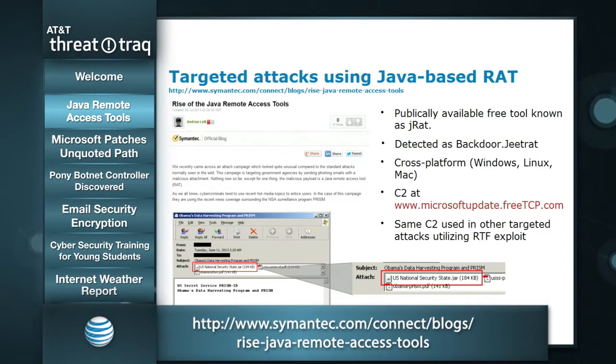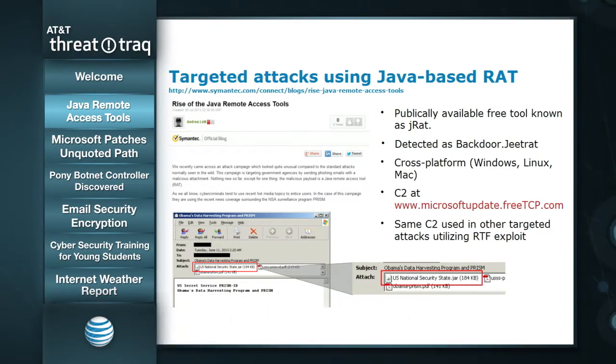I did mention, relative to this article that they're talking about here, there's a command and control that was used in that particular attack, and we've seen this used in a couple of other attacks as well. The same command and control domain has also been used in some RTF exploit ones.